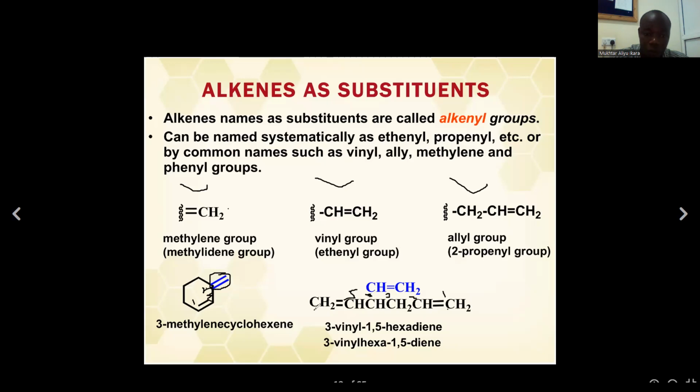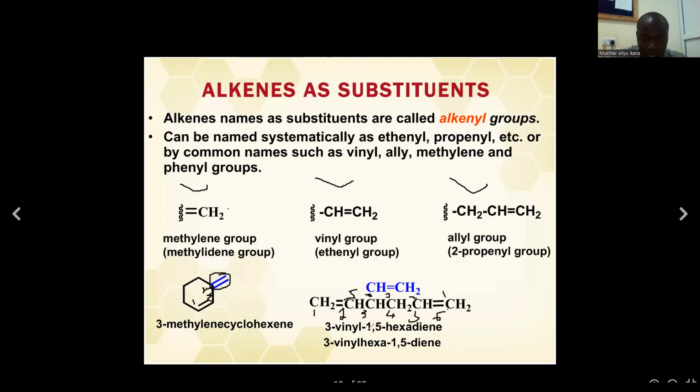But if we number it from here, 1, and here we have 2, and here we have 3, this one is 4, this one is 5, and this one is 6. So it means that at carbon 1 we have a double bond, and at carbon 5 here we have a double bond.